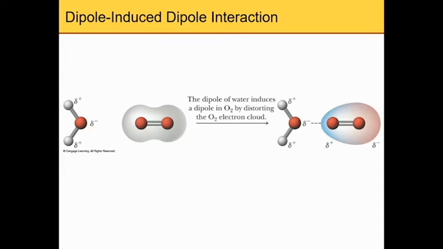So for example, the oxygen and water. Basically, this is a non-polar molecule, then this dipole molecule, the polar molecule, can induce a dipole, because this oxygen is negative, so it becomes positive on one side, negative on the other side. So this is an example of a dipole-induced dipole interaction.